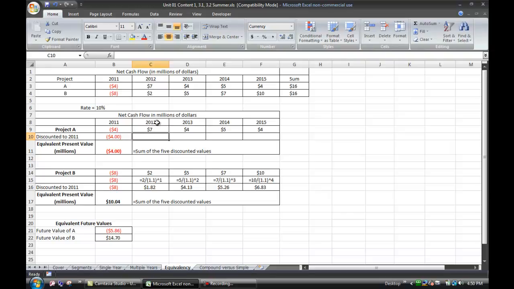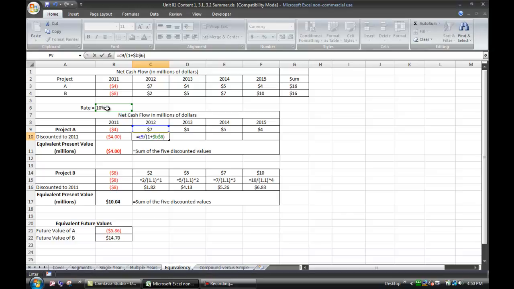In 2012, we want to discount the 7 for 1 year. So we take that value, 7, which is in C9, and divide it by 1 plus the rate. The rate is right up here in B6. I'm going to put $B$6 so I can copy that without it changing.